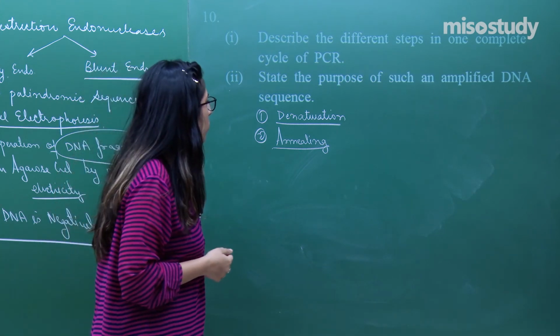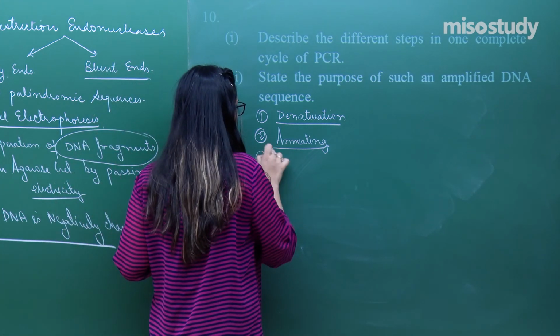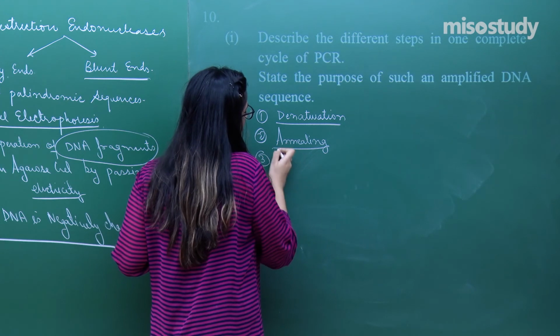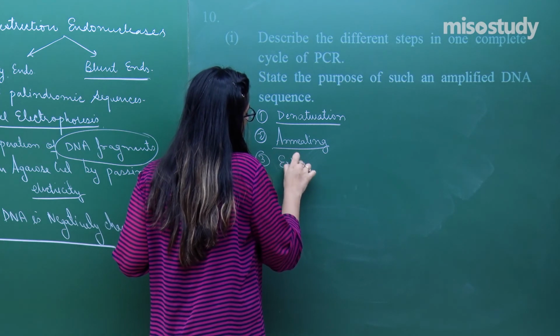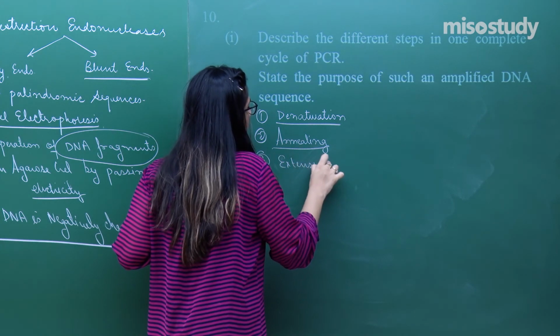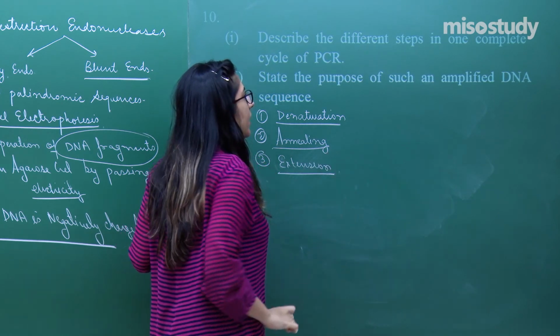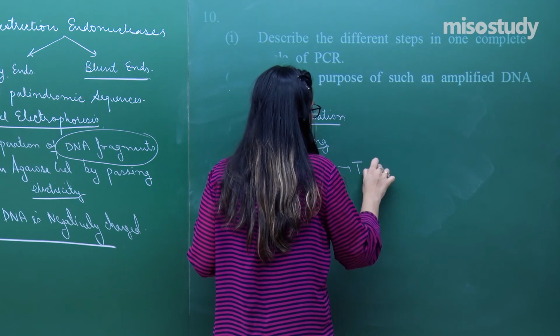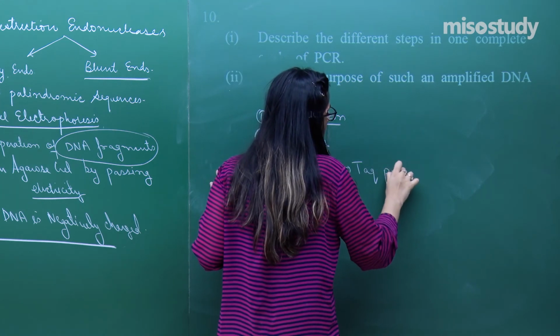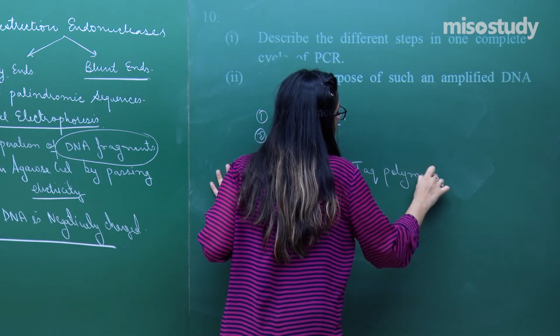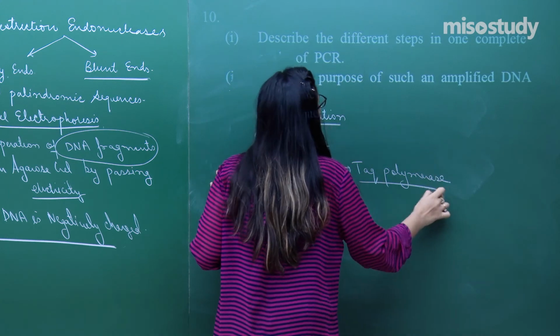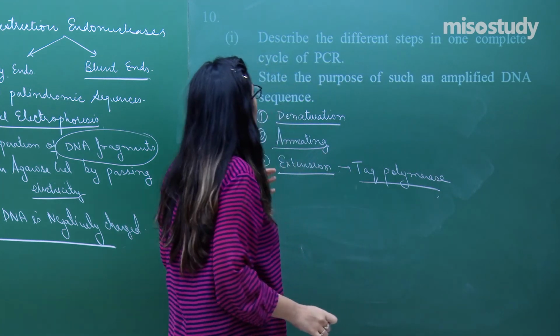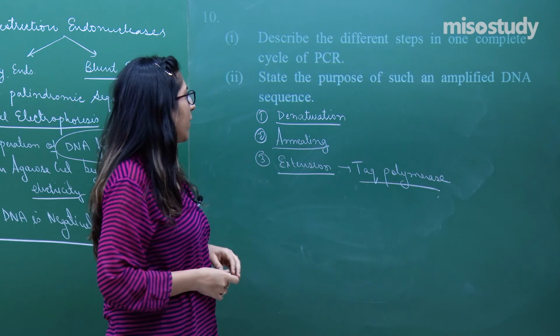So primers are used, and the third one is called the extension process. In the extension, the DNA polymerase which is used is called Taq polymerase. We have already studied the Taq polymerase, and who discovered the whole procedure? Kary Mullis.